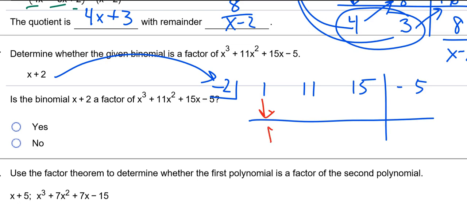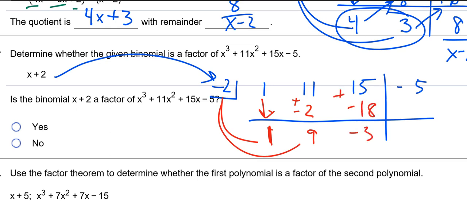Carry down the 1. Multiply, add. Multiply, add. Multiply, add. What are we interested in? We are interested in the remainder.